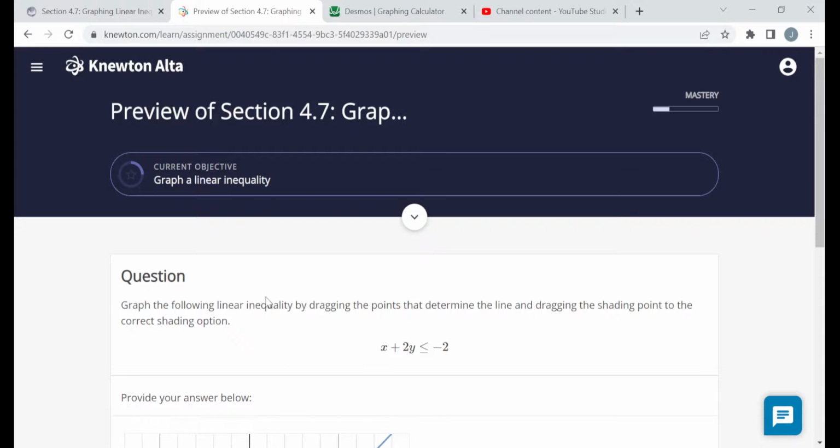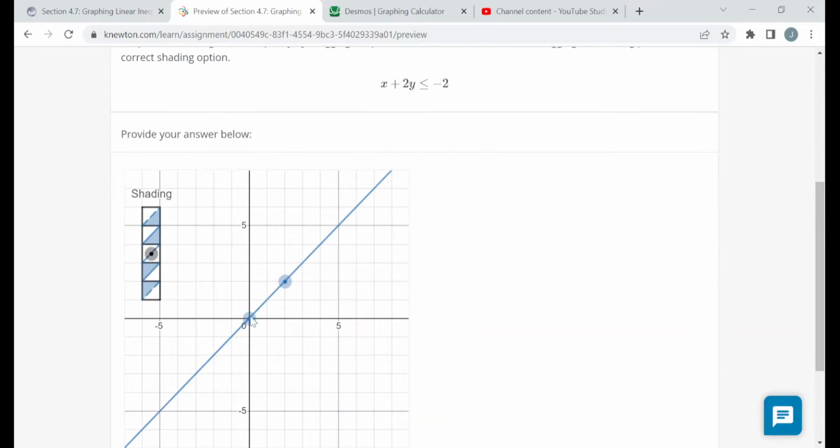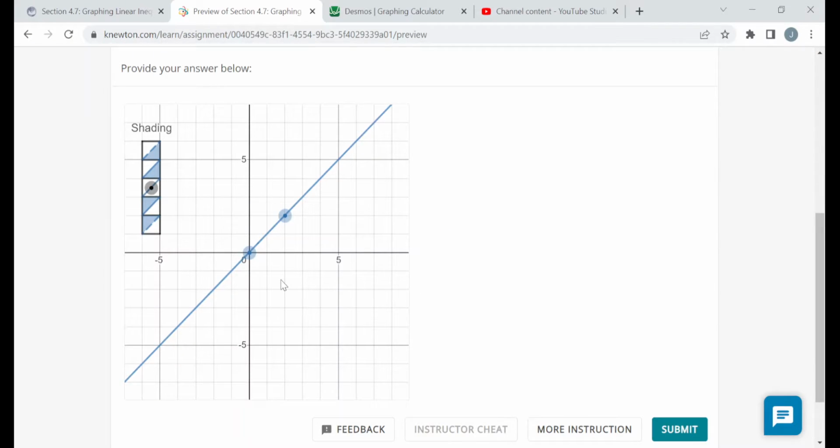And then in the assignment, we just move points around. Like I said, just move these 2 points to 2 points on the line. We saw one of them was at negative 2, 0. Just click on it and make sure it's at the right spot. The other one was at 0, negative 1. And again, click on it, make sure it's at the right spot. And then I want a solid line shaded below.